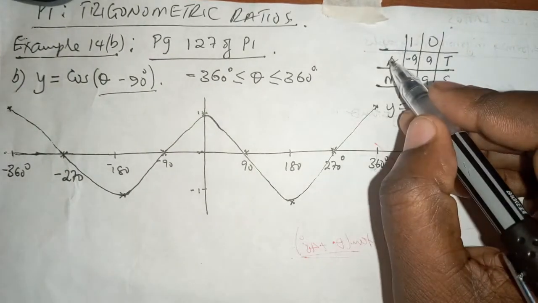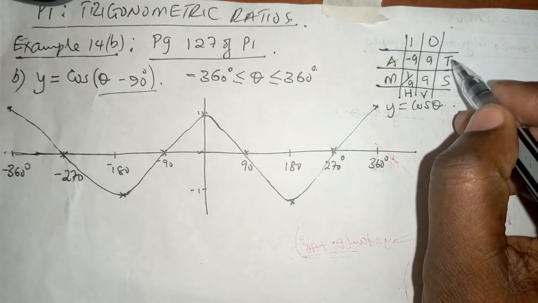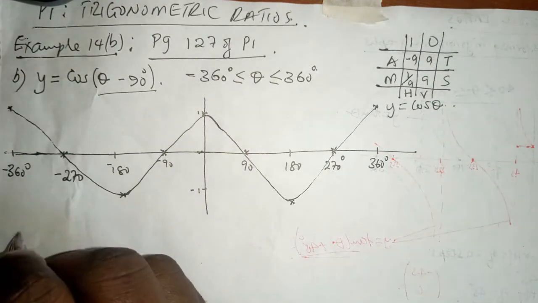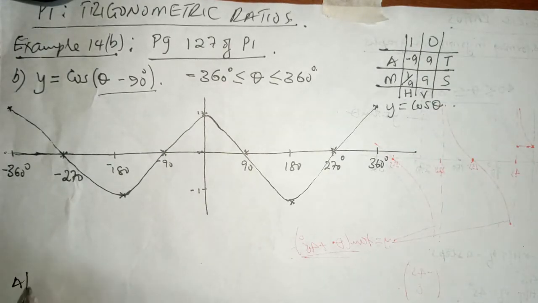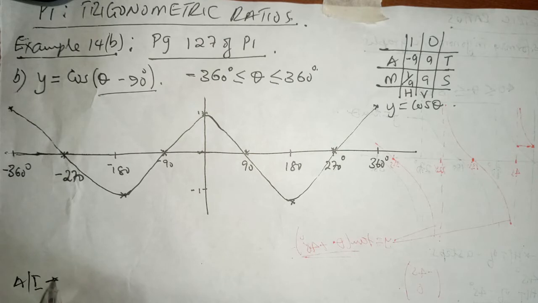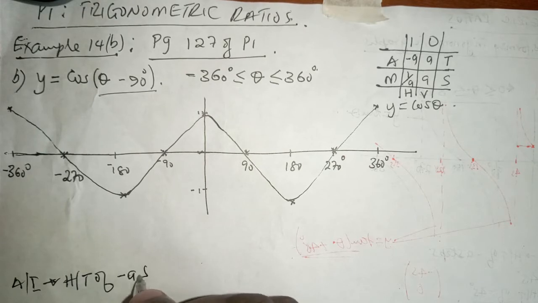Addition inside means horizontal translation of negative a steps. Let's do it over here because we're going to construct the resulting graph there. This is going to be a horizontal translation of negative a steps.